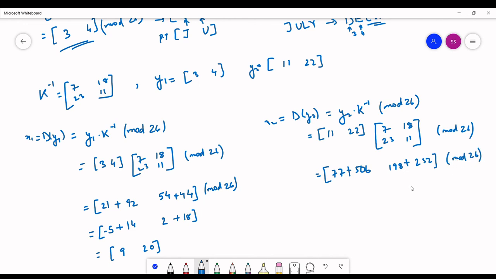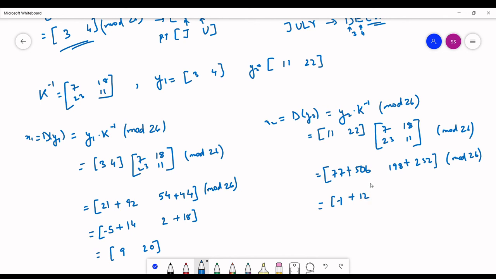So 77 can be written as minus 1 because 26 into 3 is 78, plus if you solve this 506 you will get a value of 12.